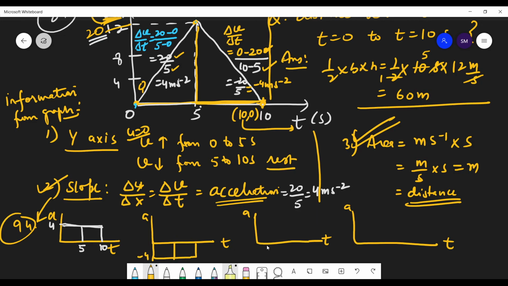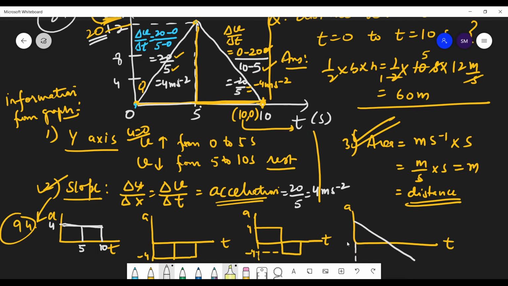In graph C, you have this kind of graph. So it's +4 and here it is -4. And in the last graph D, you have this kind of graph.